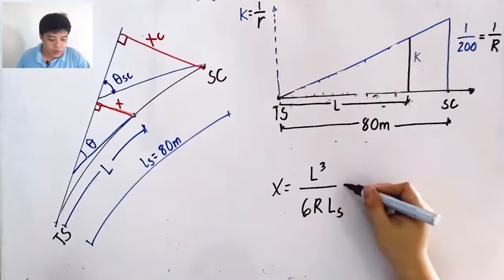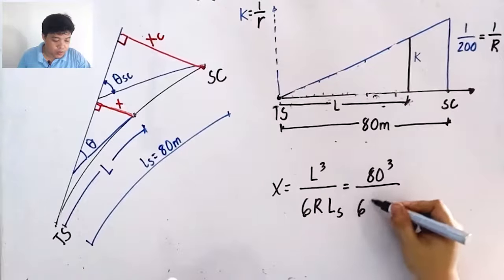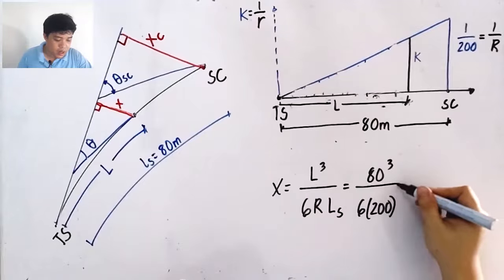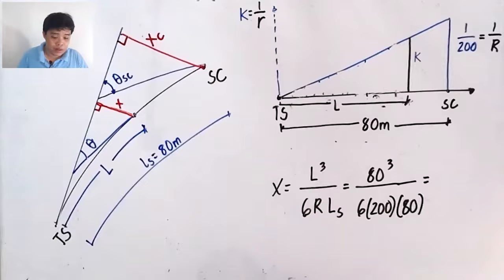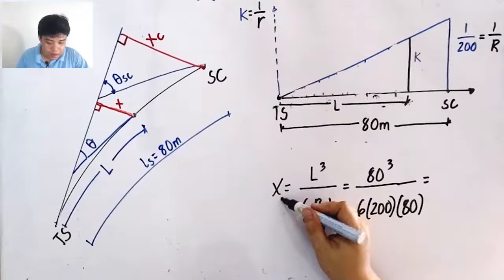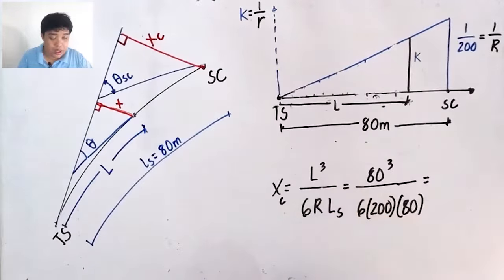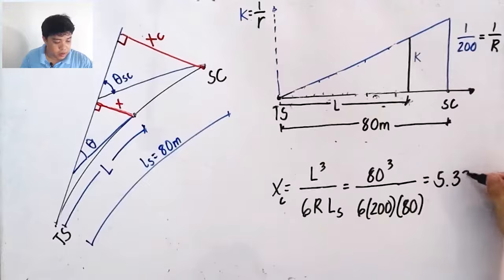So if you're going to use that, L is 80, 80 cube over 6 times 200, and the length of spiral is 80 meter. So the first question is the offset distance at SC. We set the value of L equal to 80, and that would give us a value equal to 5.33 meters.